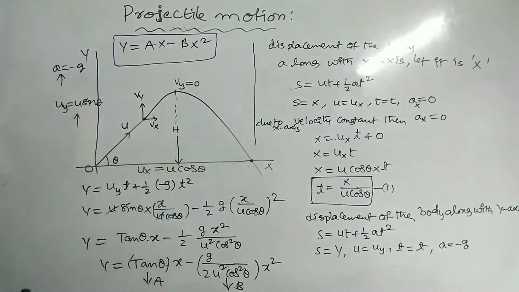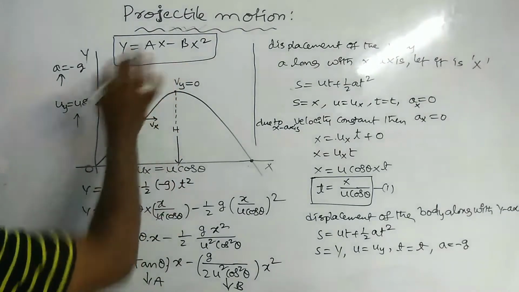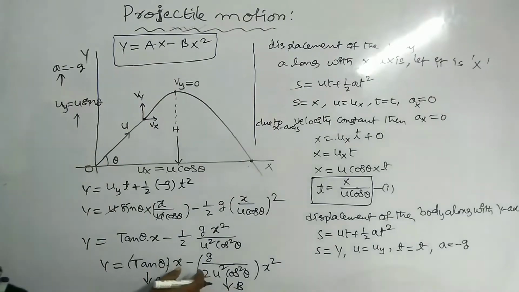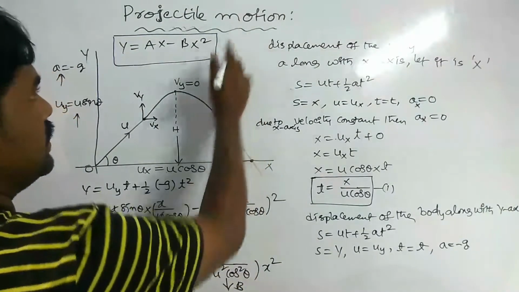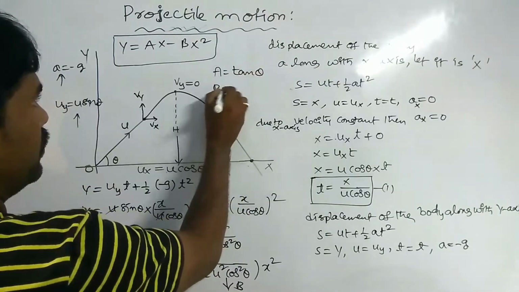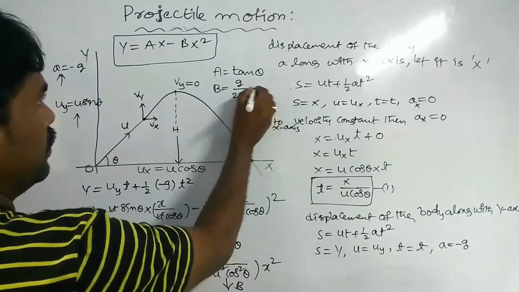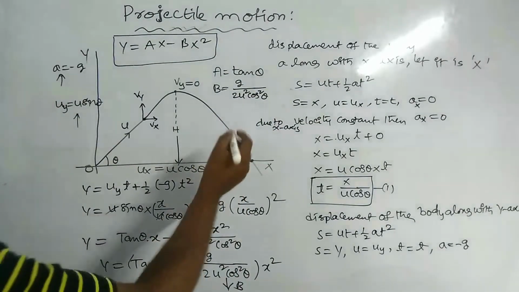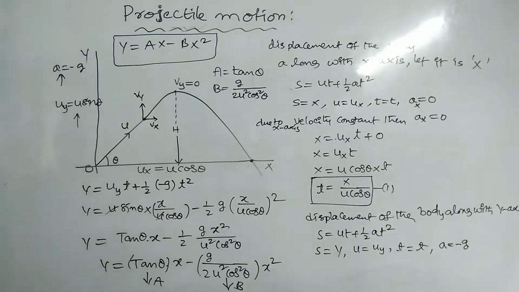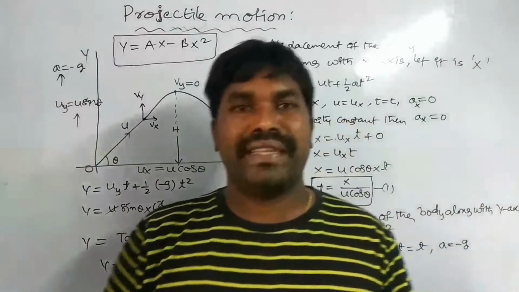How can we say that it is a parabola? Because this equation should be considered as y is equal to ax minus bx square, where a is equal to tan theta and b is equal to g by 2u square cos square theta. Okay, so this is the equation of projectile motion, the equation of a parabola, right? So the path of the projectile is a parabola.